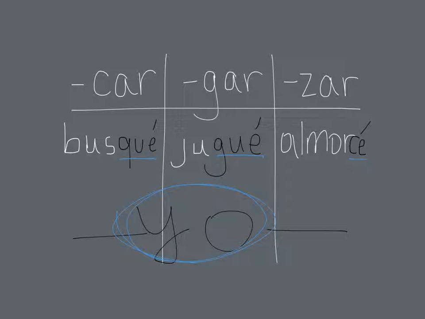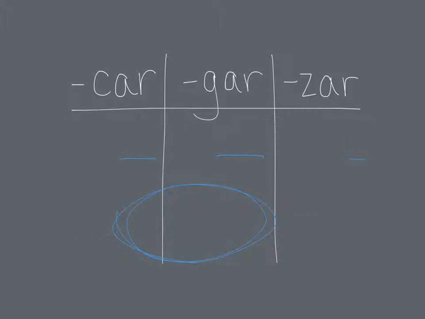So these are just a handful of your irregulars. We also have our super irregulars like the verb ir, dar, although dar and ver are pretty similar.